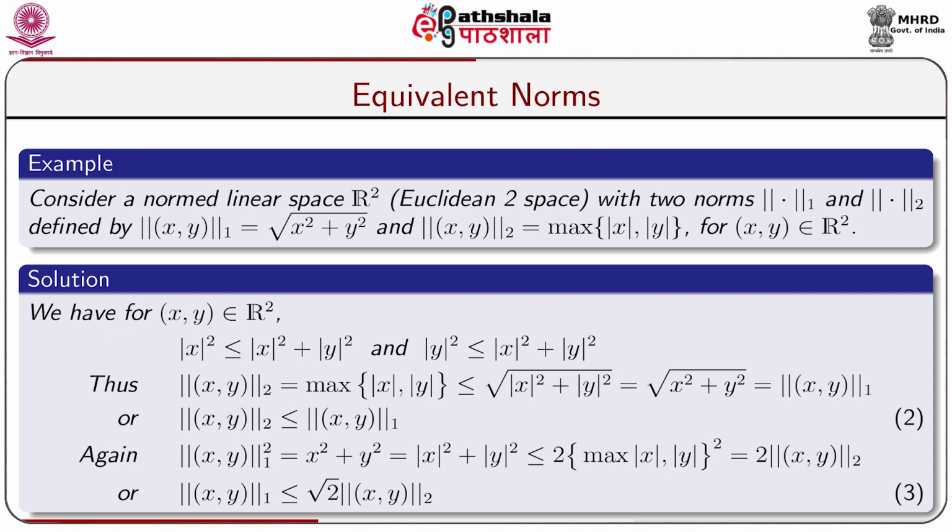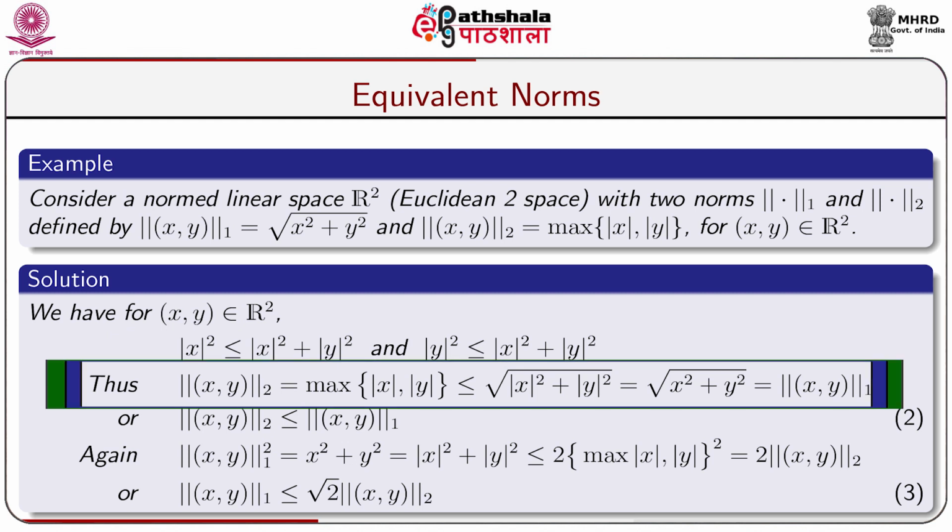We have for the pair x, y belonging to R2, modulus of x square is less or equal to modulus of x square plus modulus of y square, and modulus of y square is less or equal to modulus of x square plus modulus of y square.